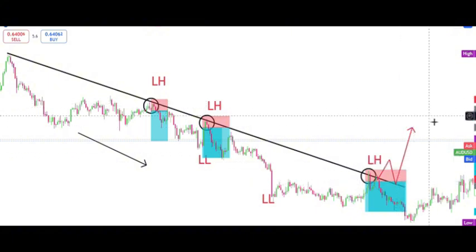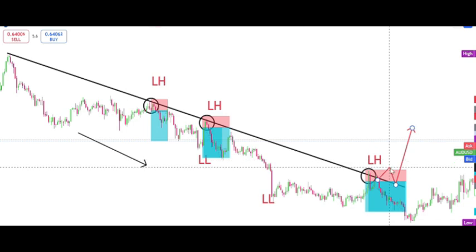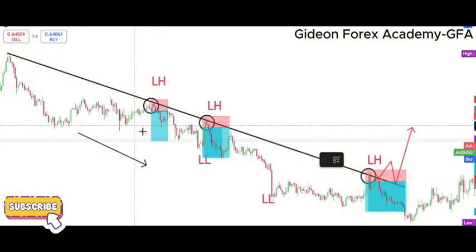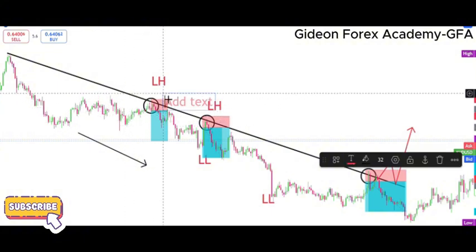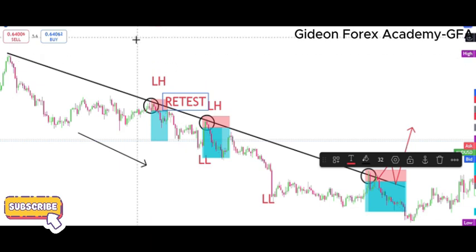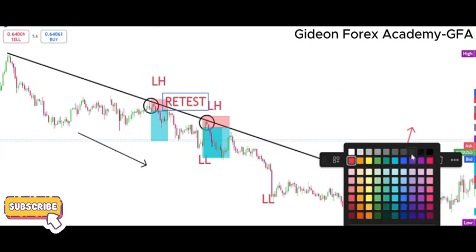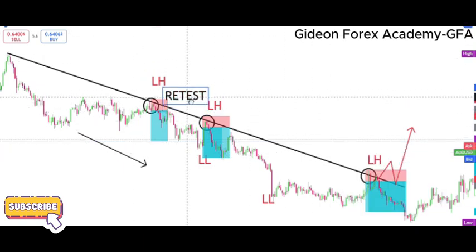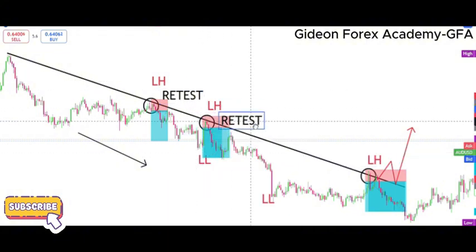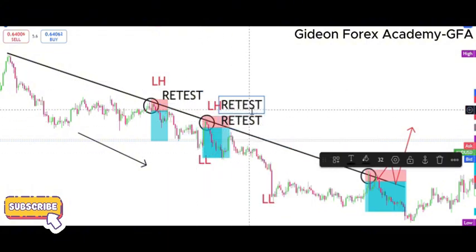That would be a break and retest. But in this case, this would be just a retest. The traders are placing orders at the retest, and they would sell again at the retest here, and again at the retest down here.